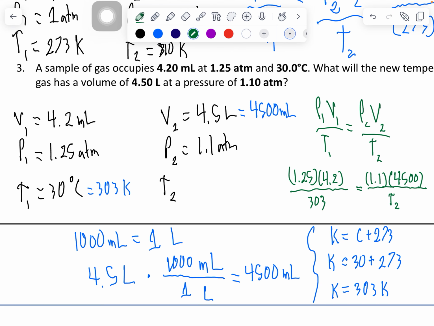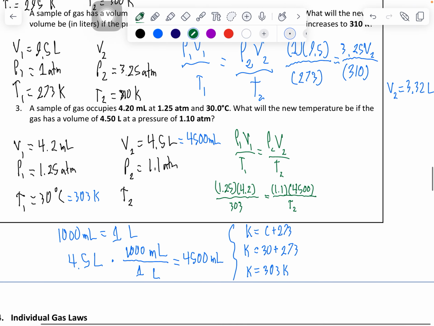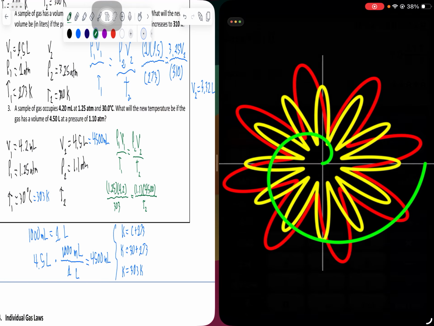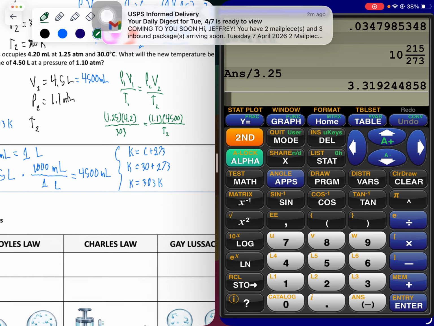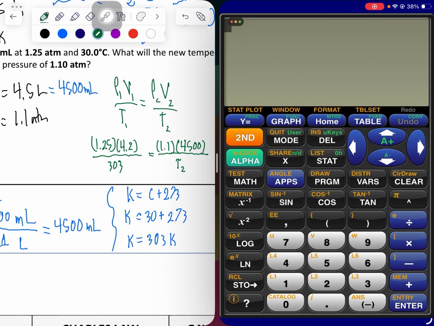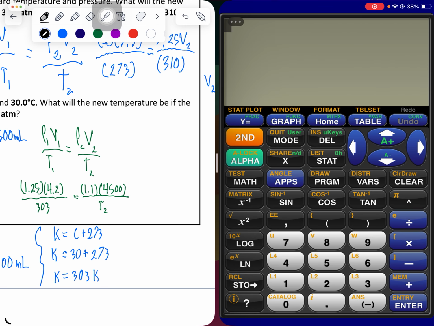Now to solve this, it's going to be a little bit trickier. Again, this is an algebraic process going through. What I would encourage us to do, since we have that denominator, let's flip temperature up to the numerator. To do that, multiply both sides by T2.